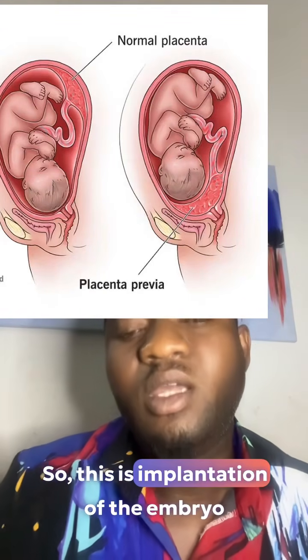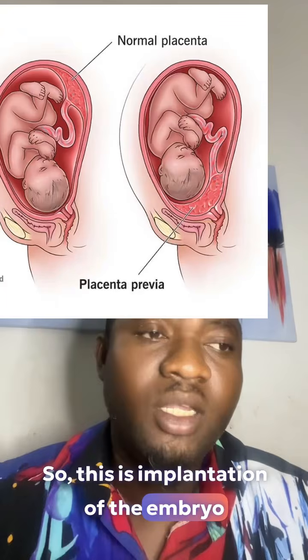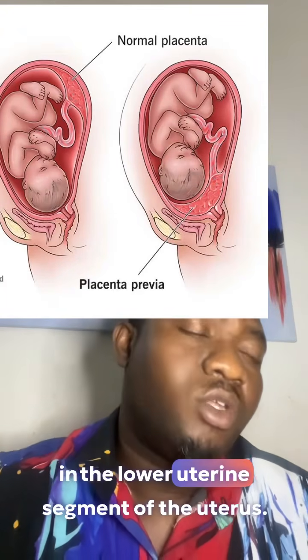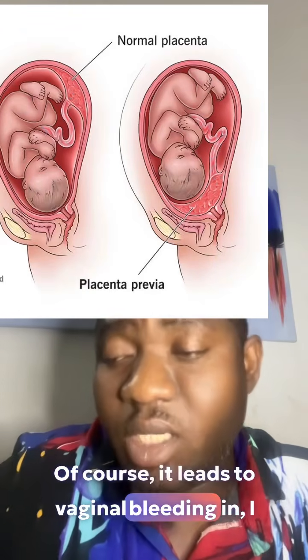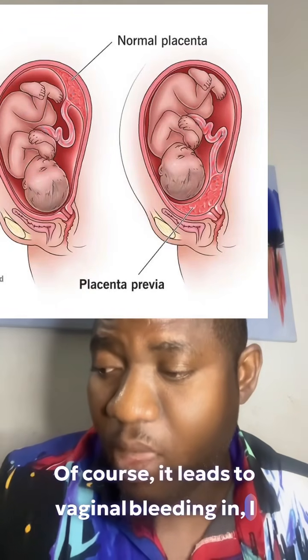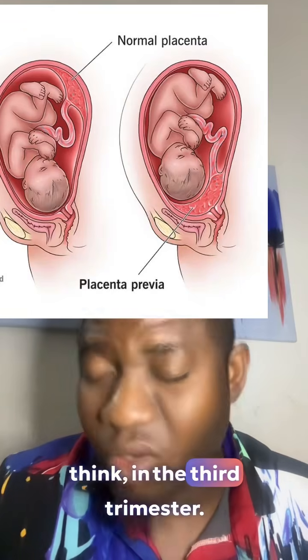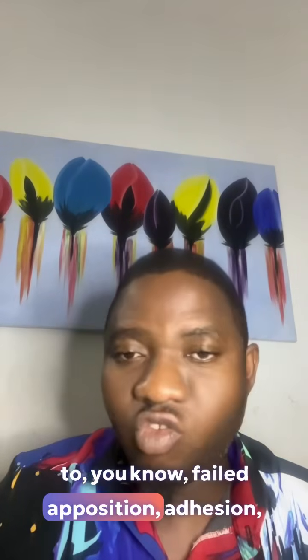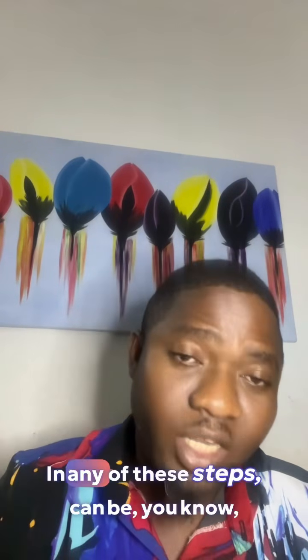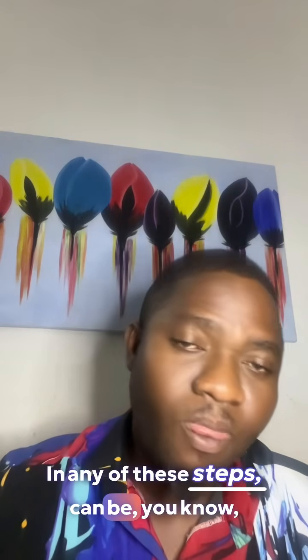This is implantation of the embryo in the lower uterine segment of the uterus. Of course, it leads to vaginal bleeding, I think in the third trimester. Early pregnancy loss is often due to failed apposition, adhesion, or invasion. In any of these steps, there can be pregnancy loss.